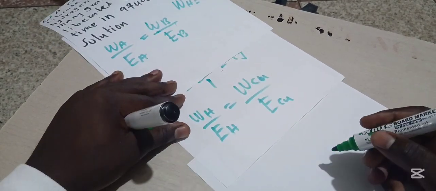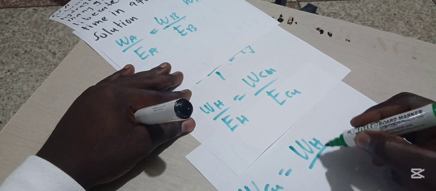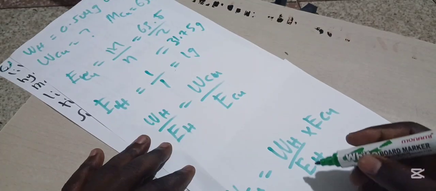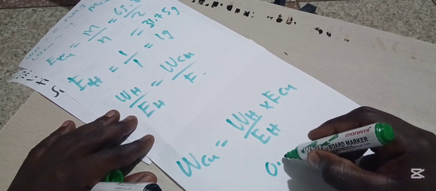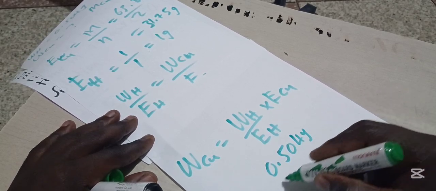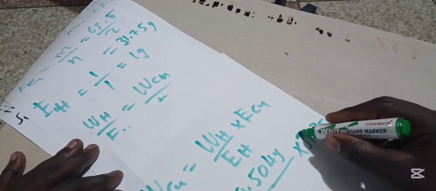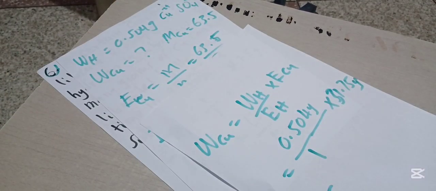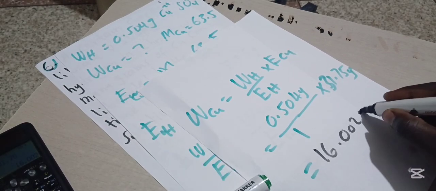Making W copper the subject, we get the mass of copper equal to the weight of hydrogen, 0.504 grams, all over the equivalent weight for hydrogen, which is 1 gram, multiplied by the equivalent weight for copper, which is 31.75 grams. This gives us 16.002 grams.